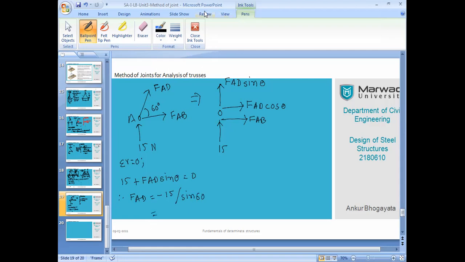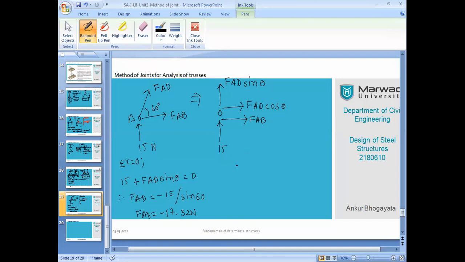So that you can probably obtain 17.32. Is it okay, everyone? And negative indicates what? Compression. Right? In a member, it is compression.